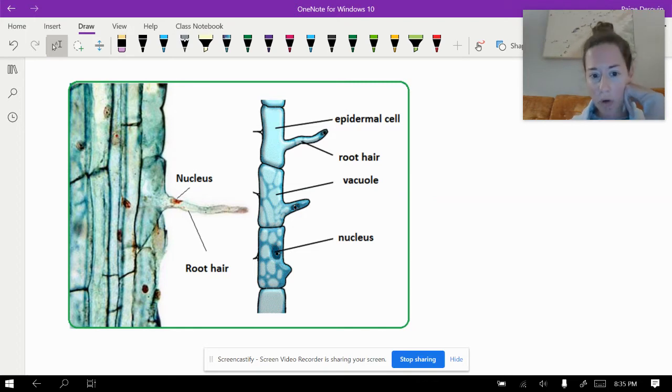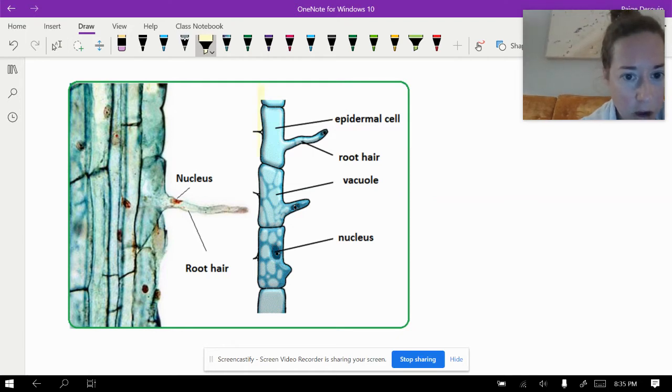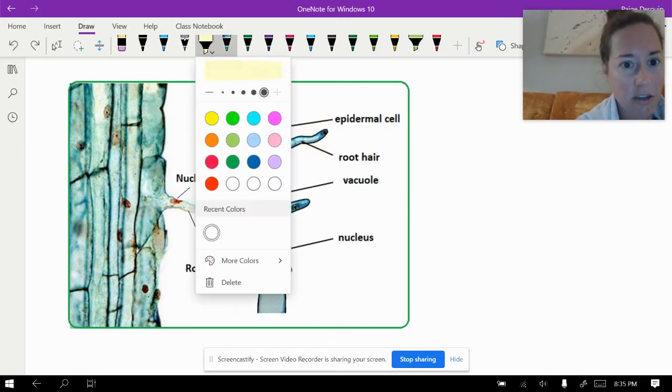The purpose is to absorb water from the soil or the surroundings of the plant, because plants only get their water from their roots. So you can see in this diagram that the surface area, the amount of membrane you have, is going to be all of this. It's a really big highlighter. I'm going to try that again with less size.